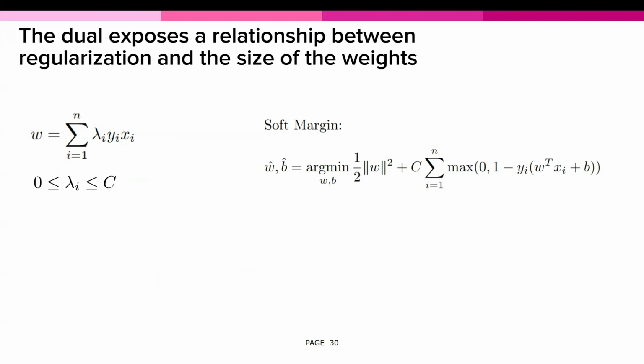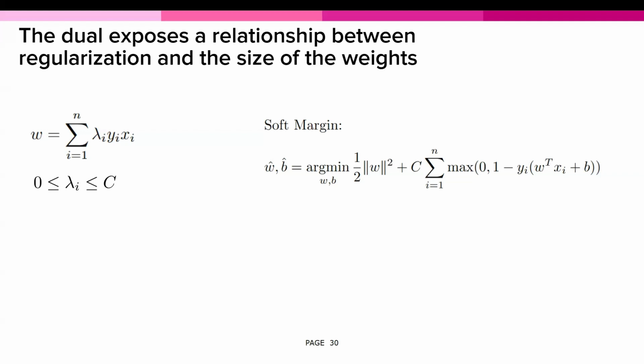If C is set to a high value, it allows lambda values to become larger, so any one point could have a large influence on the results. From the primal perspective, the SVM would penalize classification errors more strictly with a high C, leading to a narrower margin and potentially overfitting to the training data.